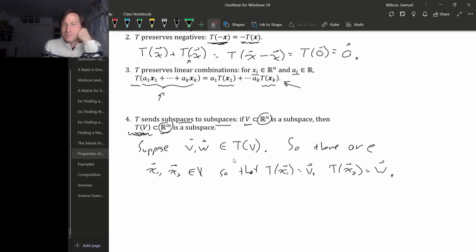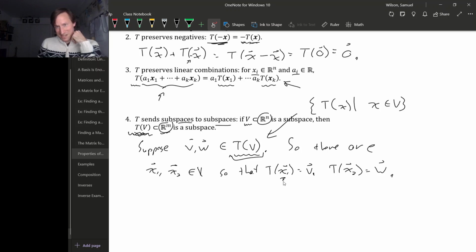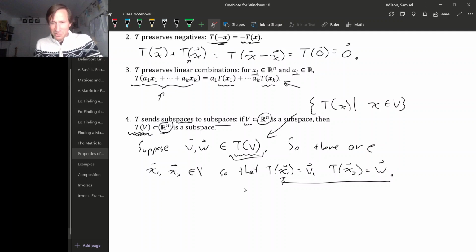This has to be the case because remember this collection, T of capital V, what we mean by that is all vectors T applied to x for every x in V. So this is just every vector that gets hit by something in V. If we're in this set, T of V, there must be something in V that hits it. So this is essentially restating the definition of T of capital V.